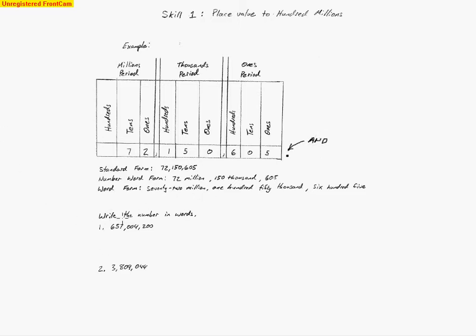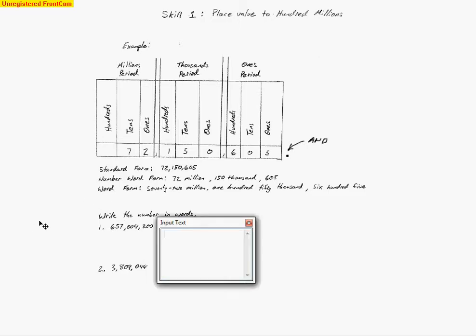So what they're asking us to do here is write the number in words. So this is the millions place, the thousands, and the ones period. And so I just read off this number, 657. So I'm going to go ahead and make a text box here, and I'll write out 600.